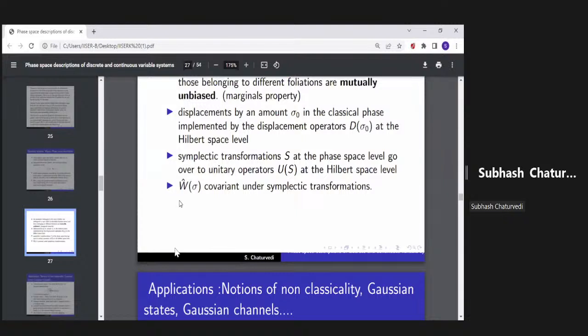The phase point operators are covariant under symplectic transformations. So this is the crux, or the kind of requirements that we need in order to say that we have a Wigner description for a given system. Any questions at this stage?